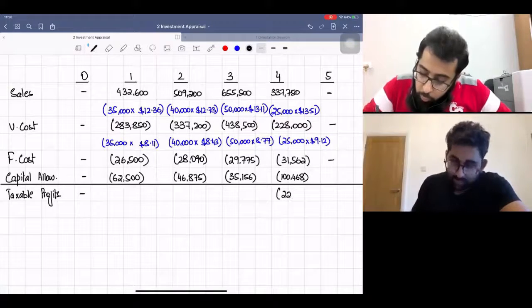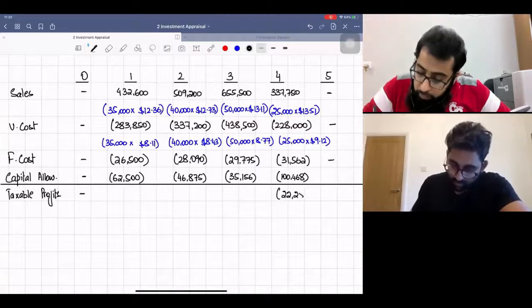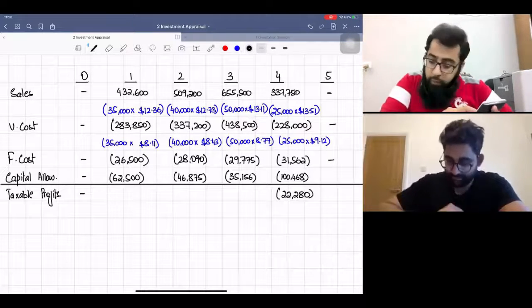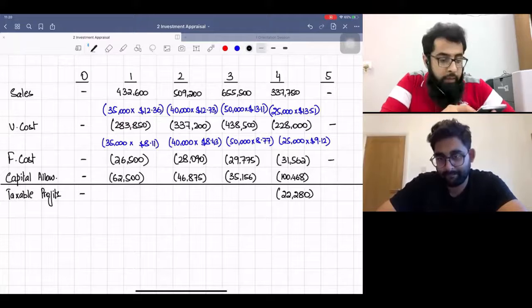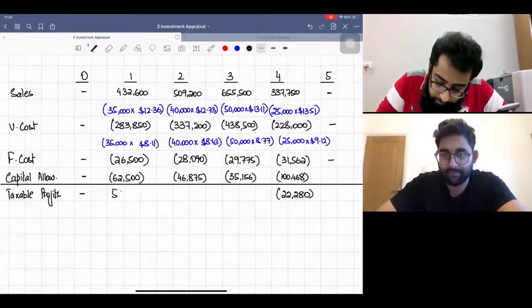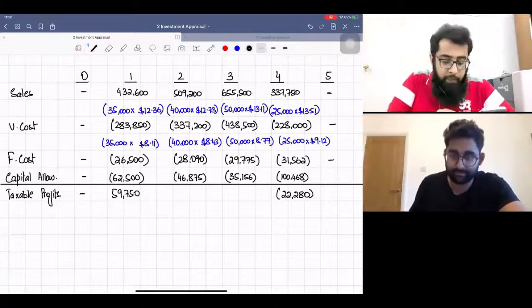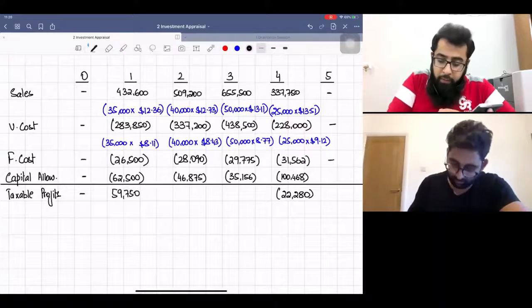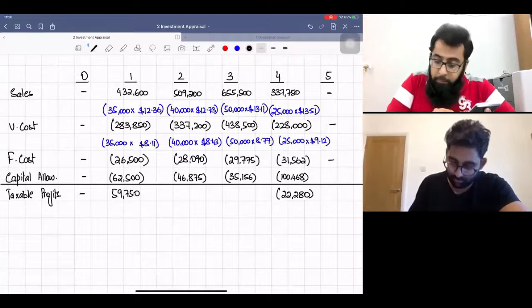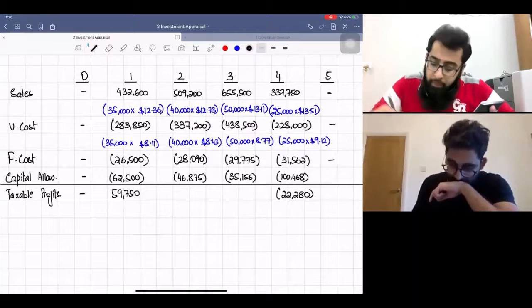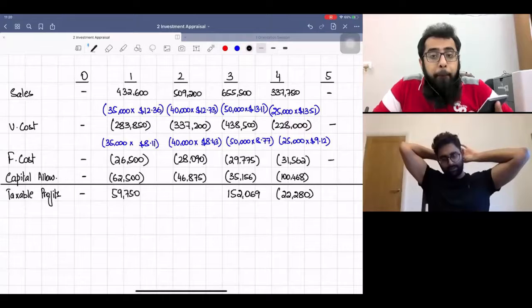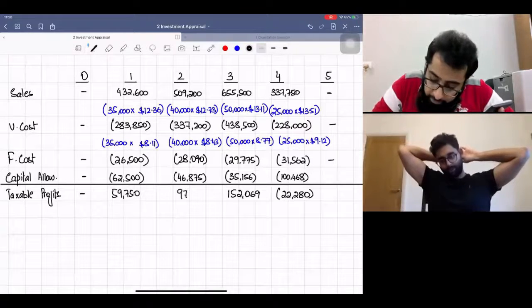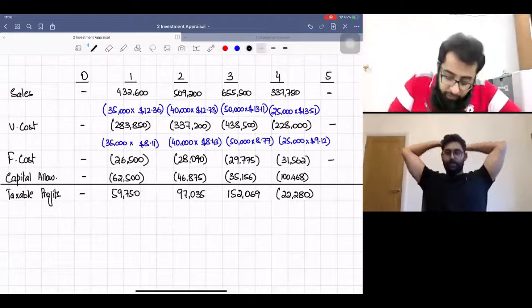The first one is 59,750, positive. 655,500 minus 438,500 minus 29,775 minus 35,156, so it is 152,069. And the second one is 97,035, positive.